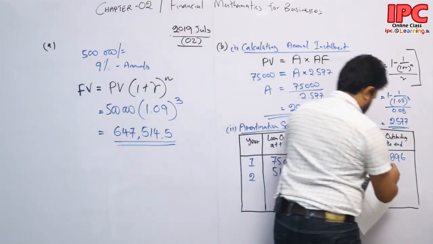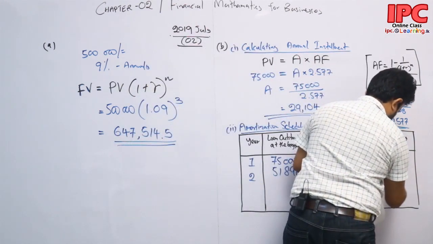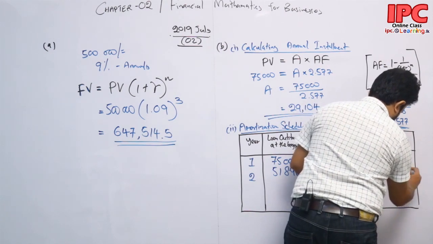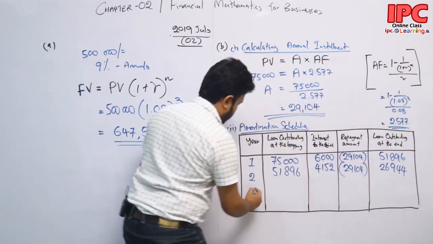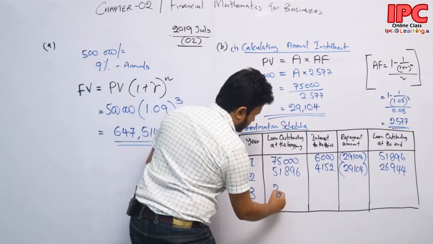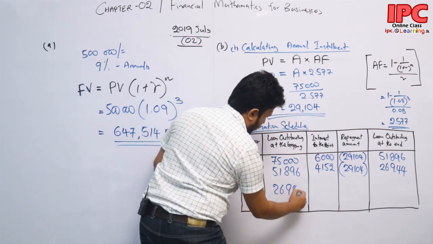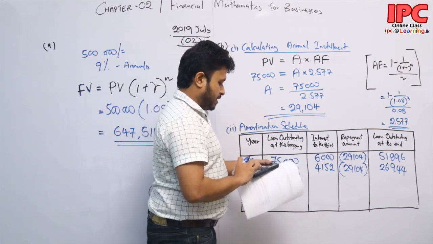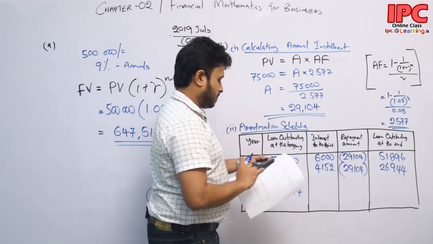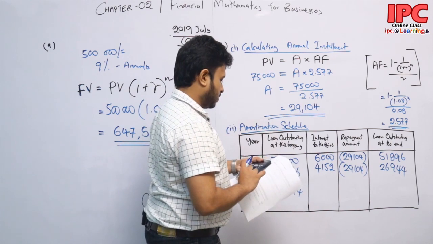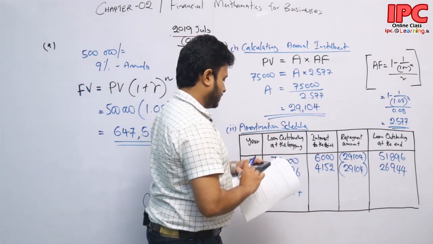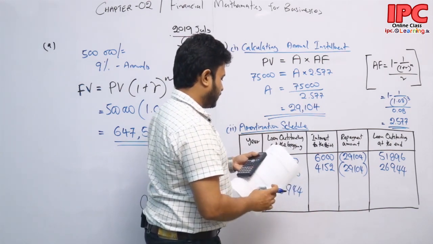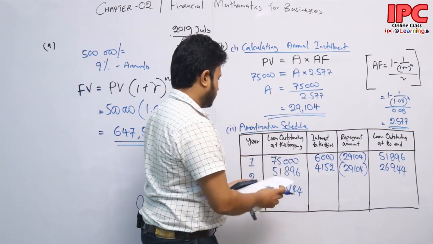It is 26,944. So when we come to the third year, the opening balance is 26,944. We have to take 8% of this, multiplied by 0.08, 2,155.52.